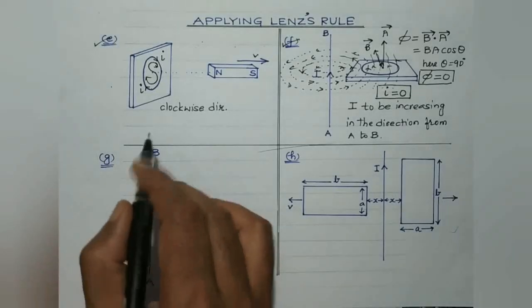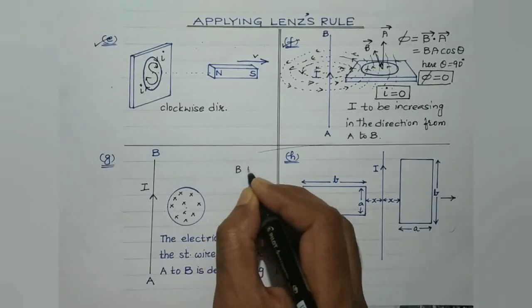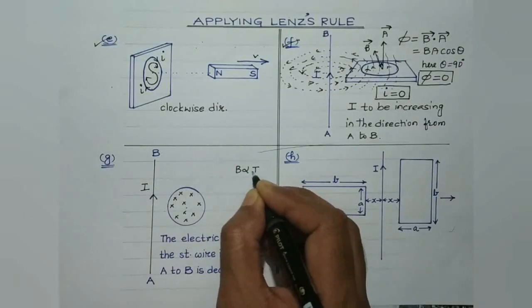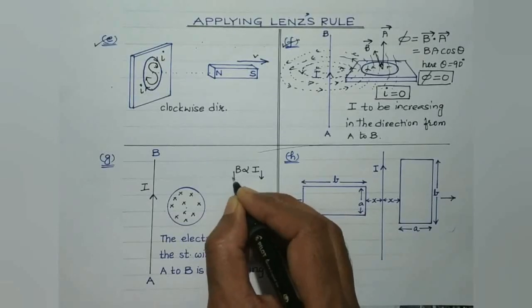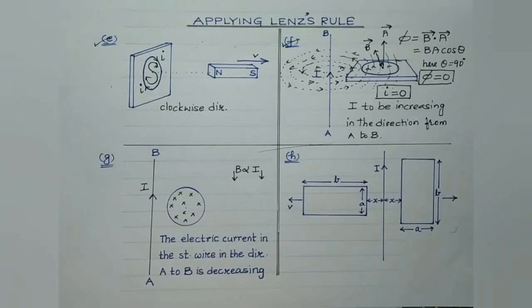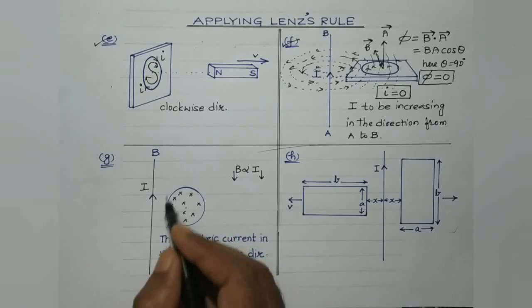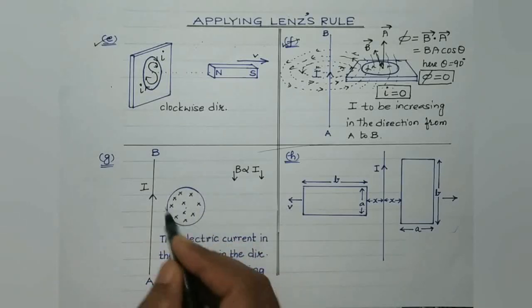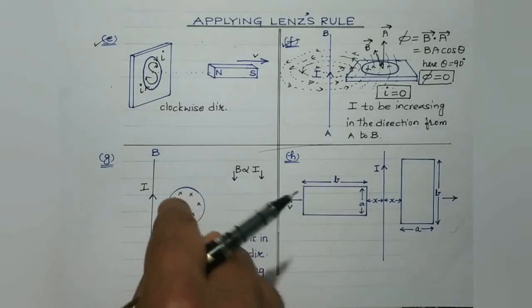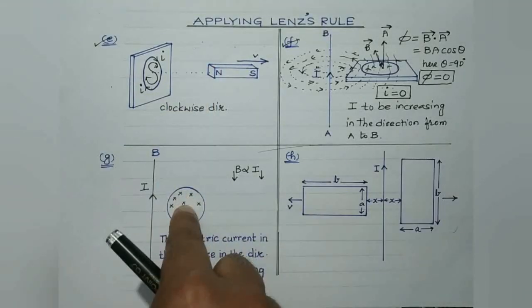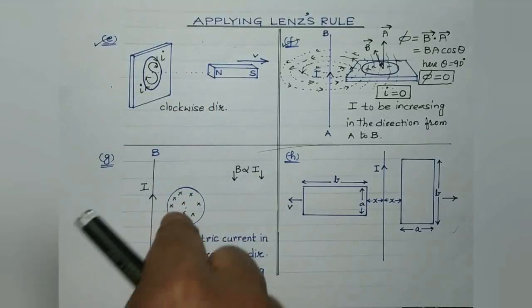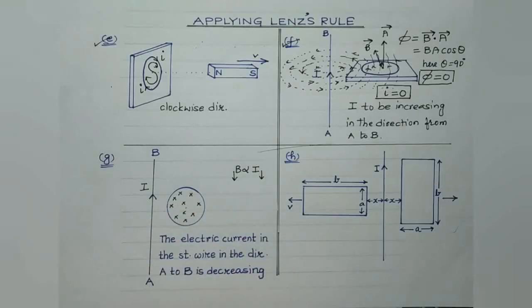Since current is decreasing, and we are aware magnetic field is directly proportional to the current, if current is decreasing, then magnetic field must also decrease, right? So in this region, the magnetic field is in the inward direction, and it is decreasing in the inward direction.